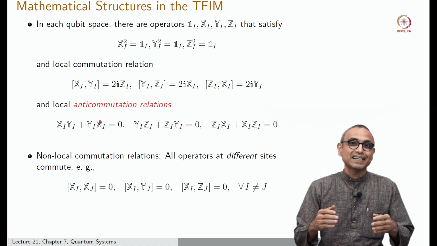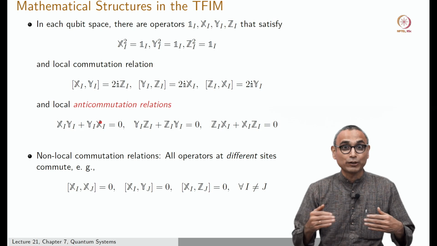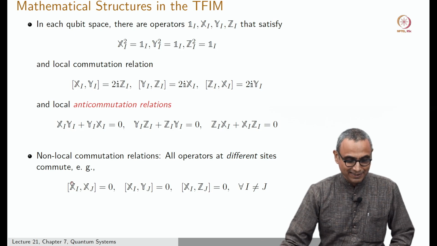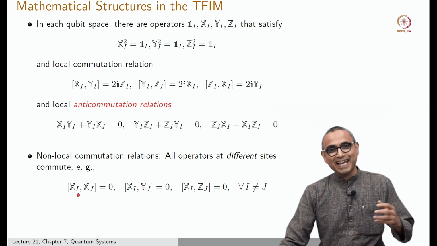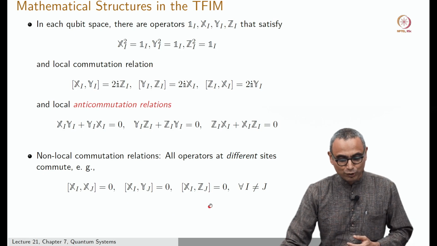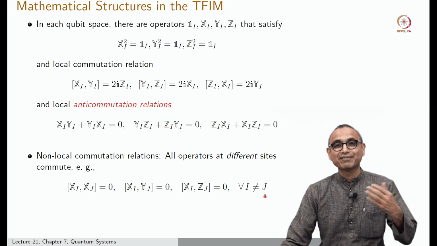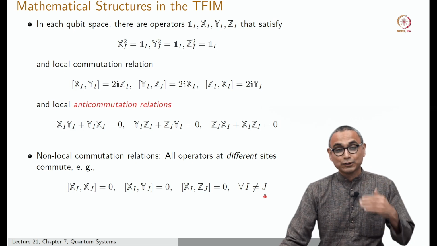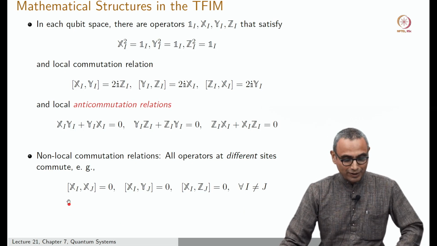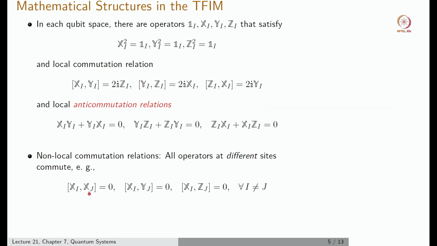What happens if I take operators belonging to different qubits? So now you will see that if these operators belong to different qubits, i and j are different, then they will commute. So in doing so, I must clarify what I mean by this xi commuting with xj. When I write xi, this must be thought of as an operator acting on the full Hilbert space.